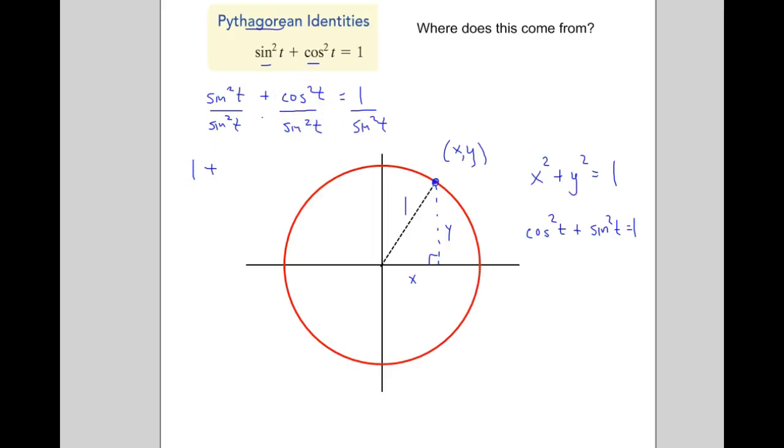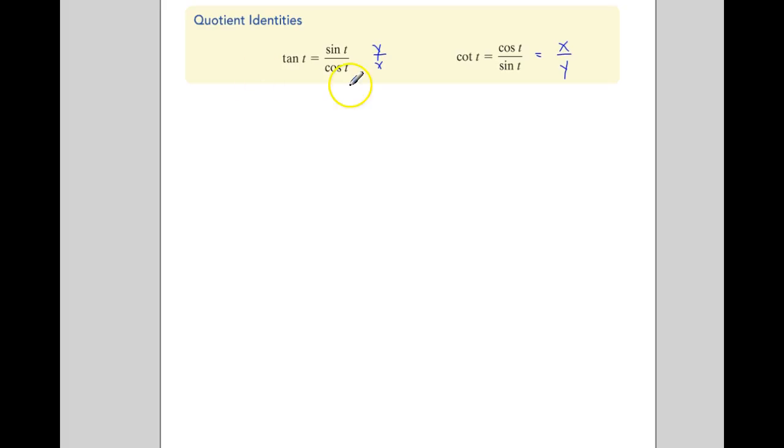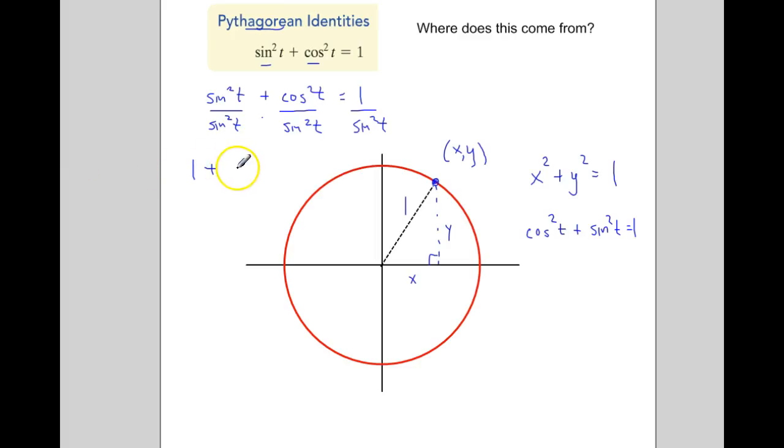If you go back and look at our reciprocal identities from before, cosine divided by sine is cotangent. So that's cotangent squared t. And then 1 over the sine, that was cosecant squared t. Alright, so 1 plus cotangent squared equals cosecant squared. Sometimes this is written as cotangent squared t equals cosecant squared minus 1. We'll subtract the 1 and put it on the other side.